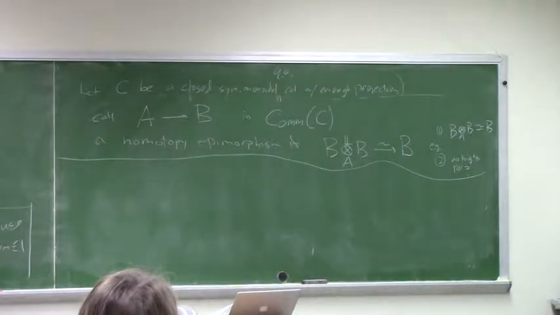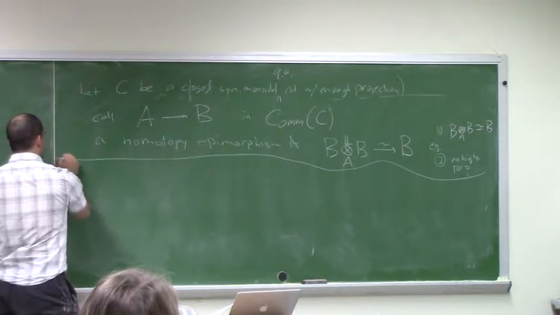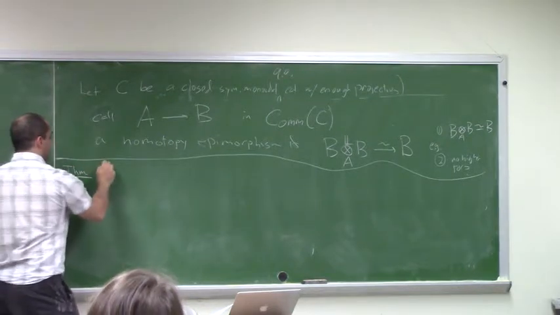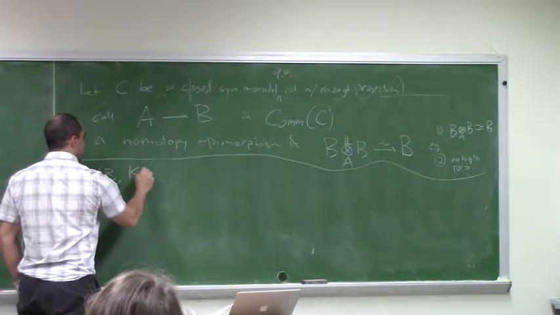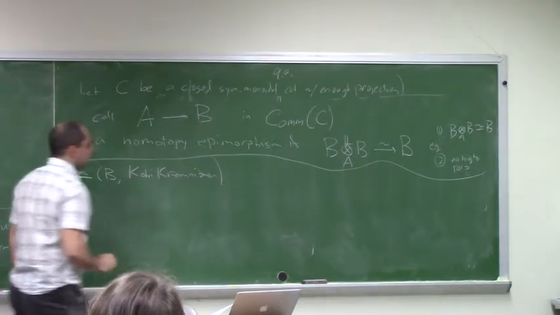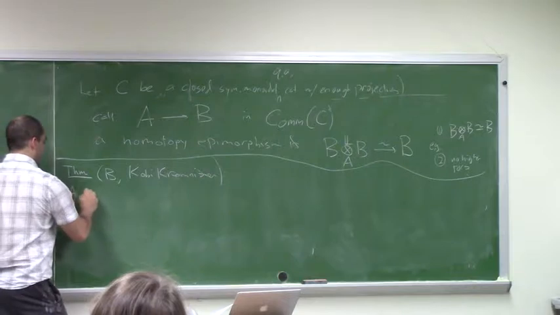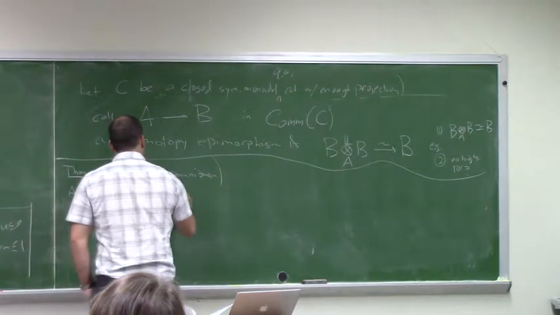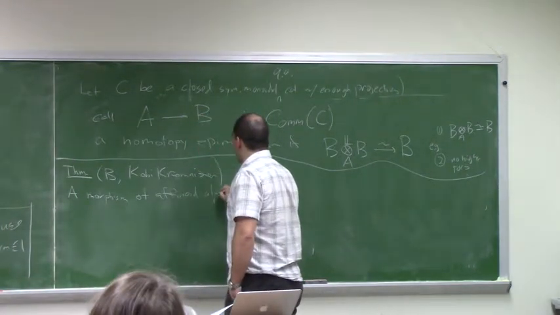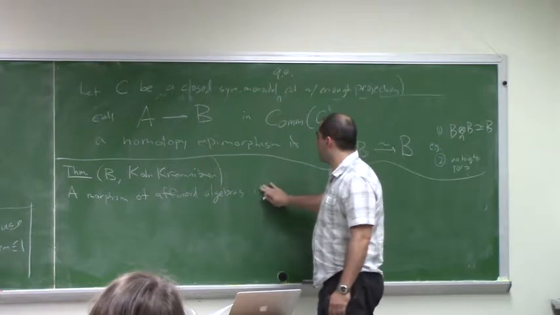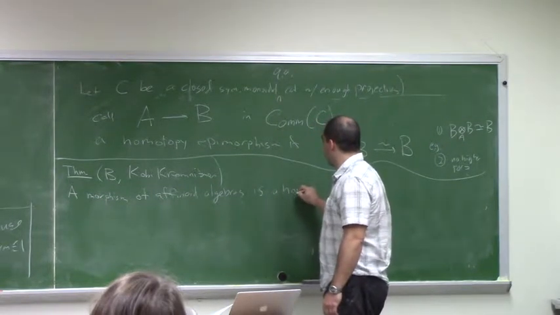Okay, so here's a theorem. I saw it from Kobi Kremnizer. So, a morphism of affine algebras is a homotopy epimorphism.